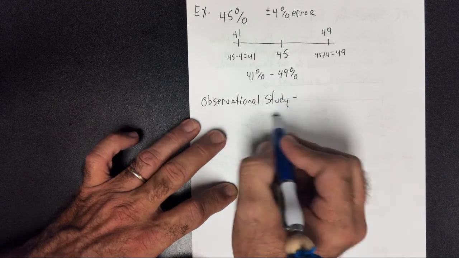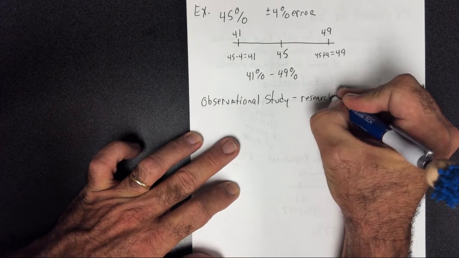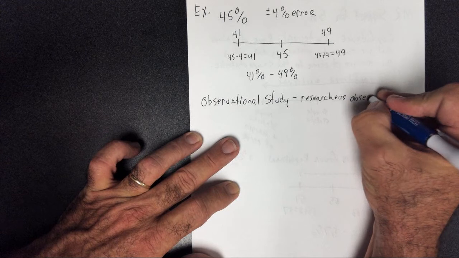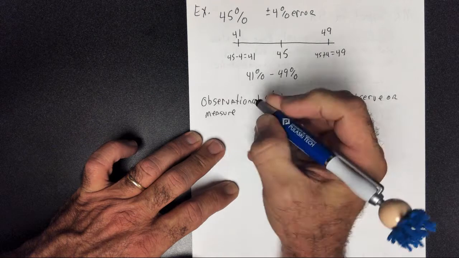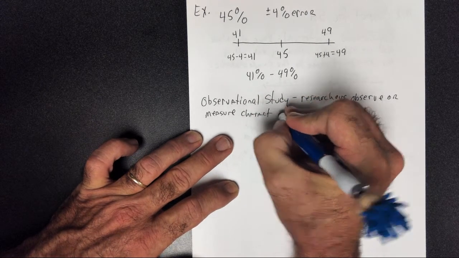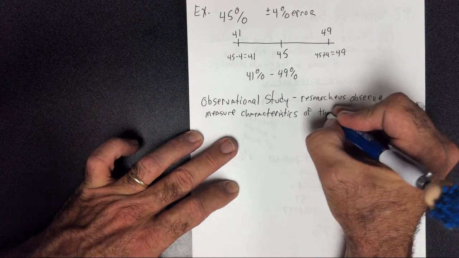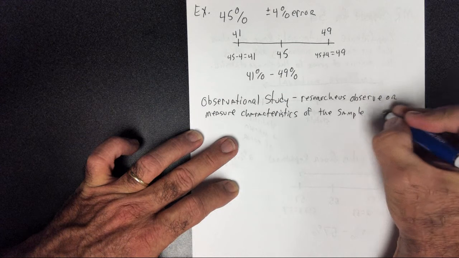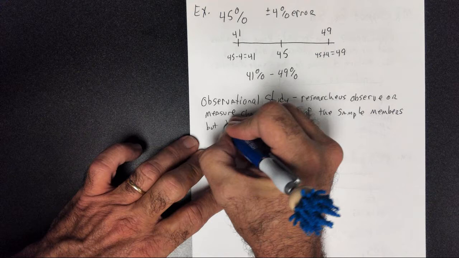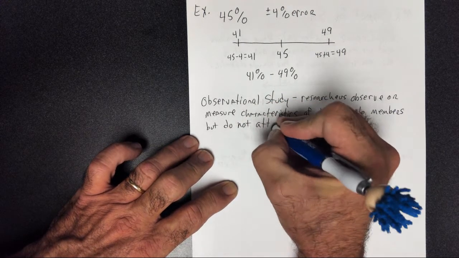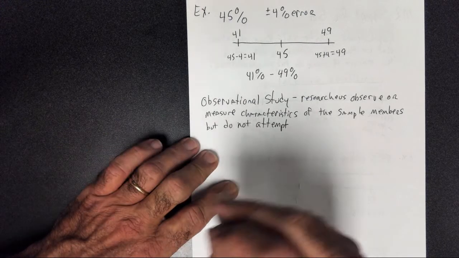And really, an observational study is pretty much what it says. The researchers observe or measure characteristics of the sample members, but do not attempt to influence or modify those characteristics.